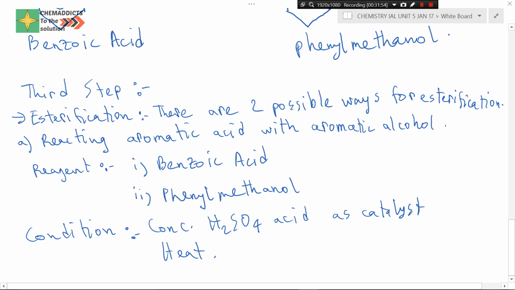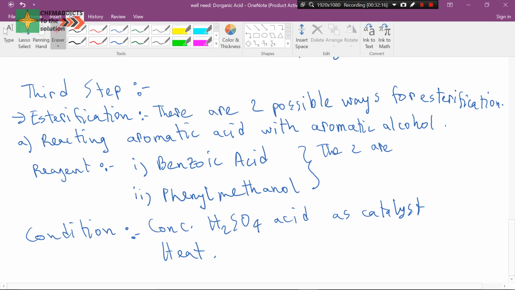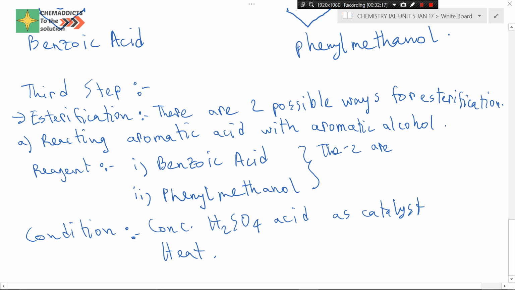We are not giving these externally, so no new reagents over here.